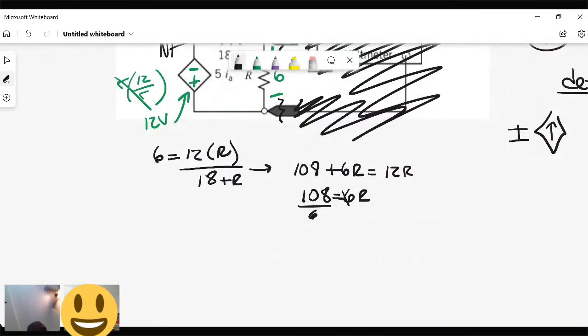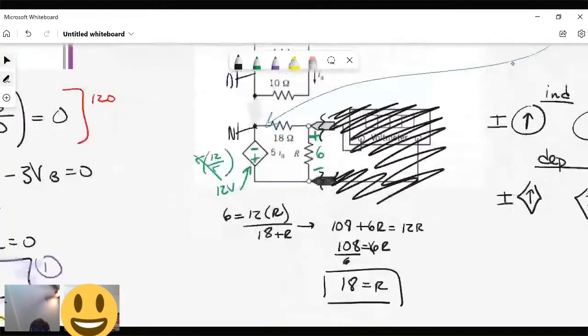Oh, hold on, 108 divided by 6 is 18. Boom. R equals 18.